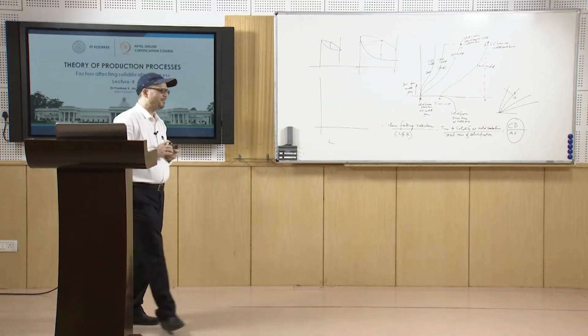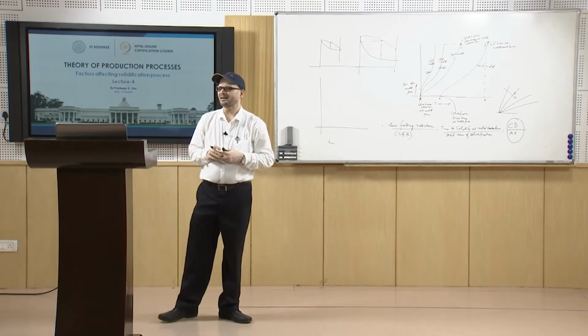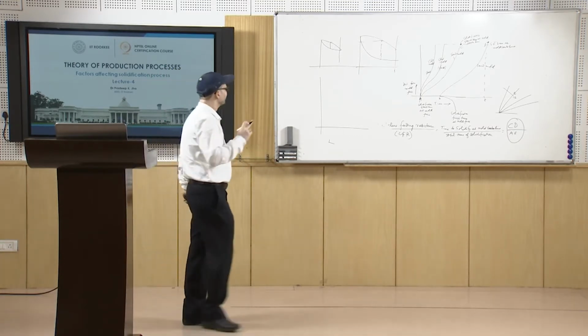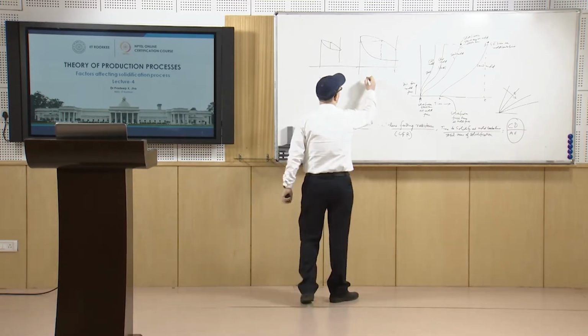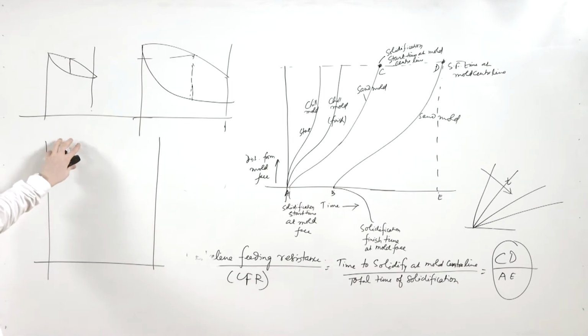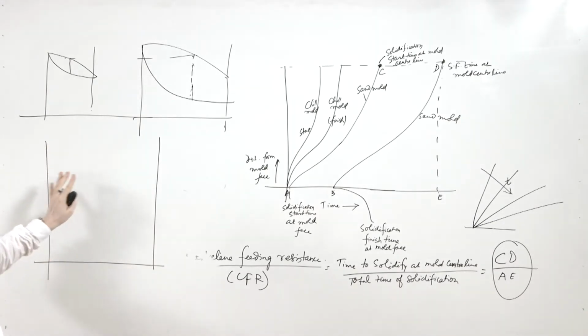Now, as we discussed, in the case of commercial alloys, normally you will have columnar dendritic grains near the wall.